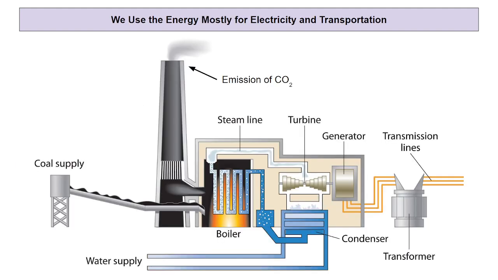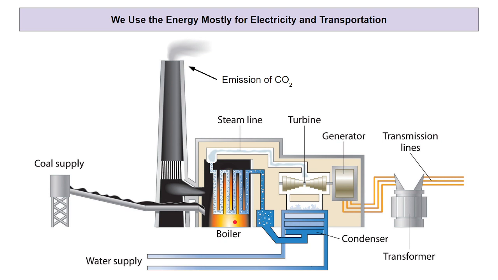So what do we use this energy for, and how do we create electricity out of it? Essentially, what we're going to be doing is running a large steam engine. We have a water supply coming in from a local river or body of water, like a lake maybe. We take fossil fuels and burn them in this giant pillar here.